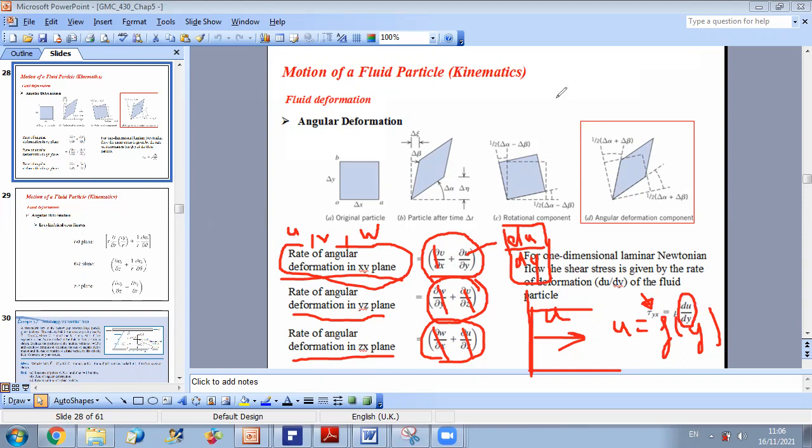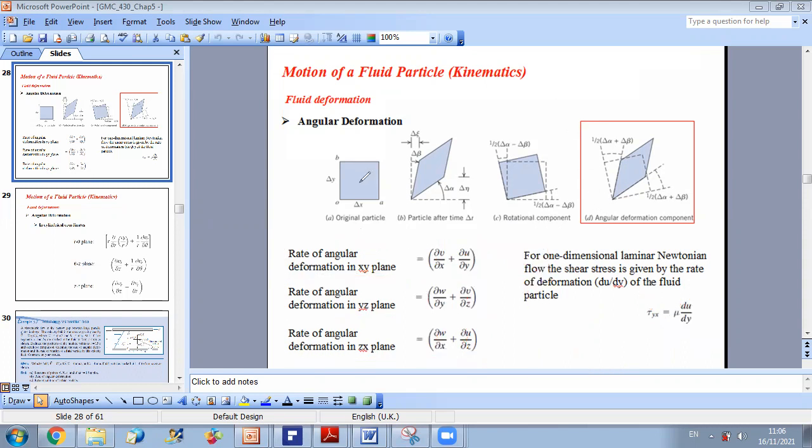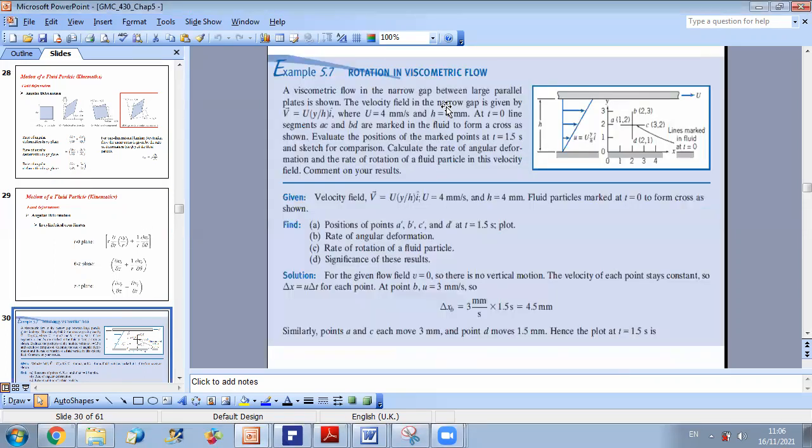Let us do an example to practice a little bit on angular deformation and rotation. Consider the following example: a viscometric flow in the narrow gap between large parallel plates is shown. The velocity field in the narrow gap is given by u equals U times y over h, where U is 4 millimeters per second and h is 4 millimeters.